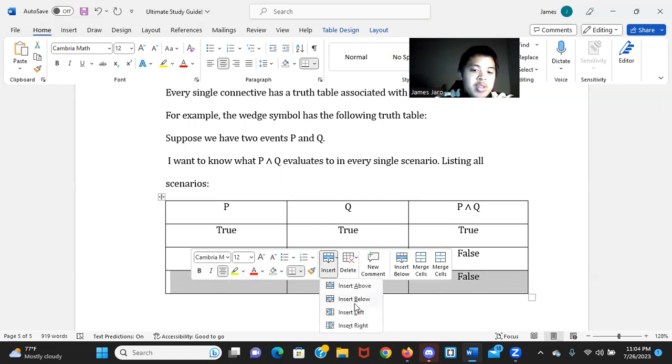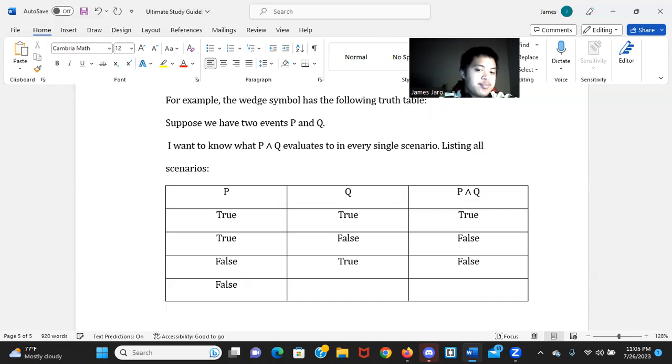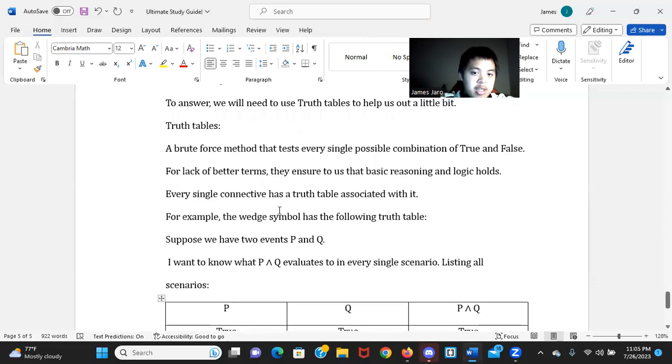And then the last one we have to worry about is what happens if neither of them happens. Well, if neither of them happens, then the event P wedge Q can't happen, because neither of the events happen. So we know that it's a false statement. And so this is our example of generating a truth table for the wedge symbol.